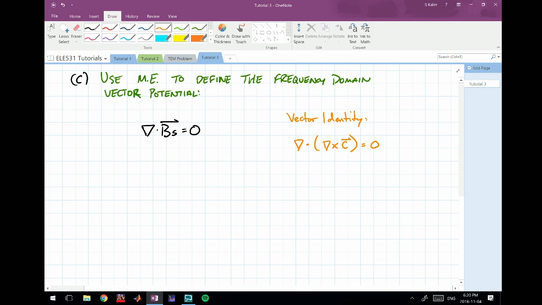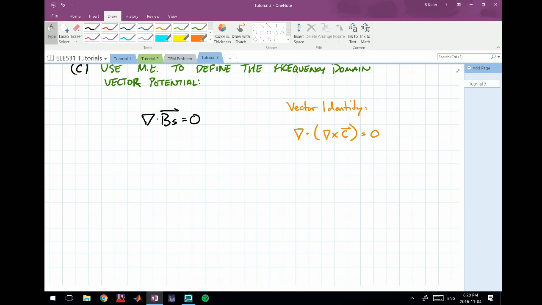What the vector potential is, essentially, is a mathematical manipulation. The vector potential is A, so we'll say AS in the frequency domain. But now we have to relate AS to B, which is the purpose of having a vector potential, because in certain cases it's easier to find the vector potential than it is to find B directly.